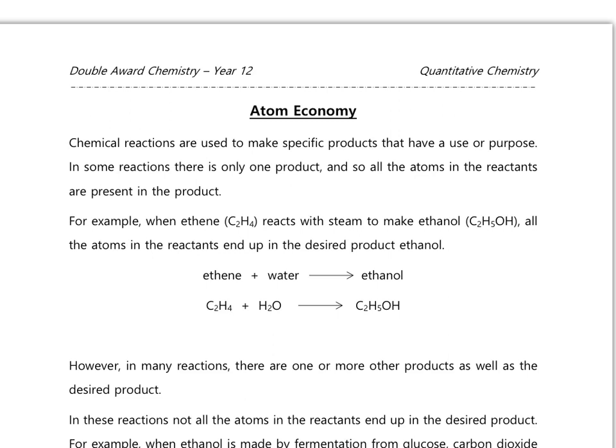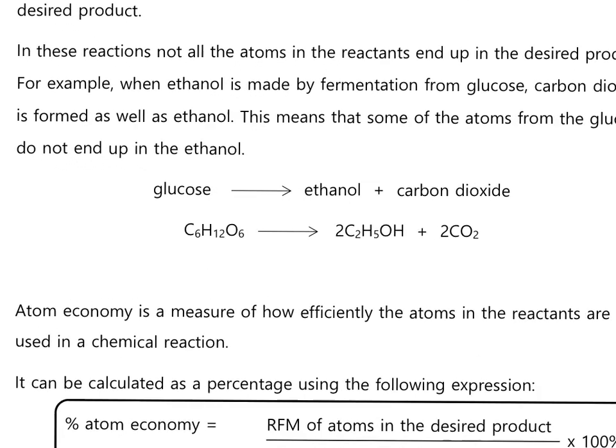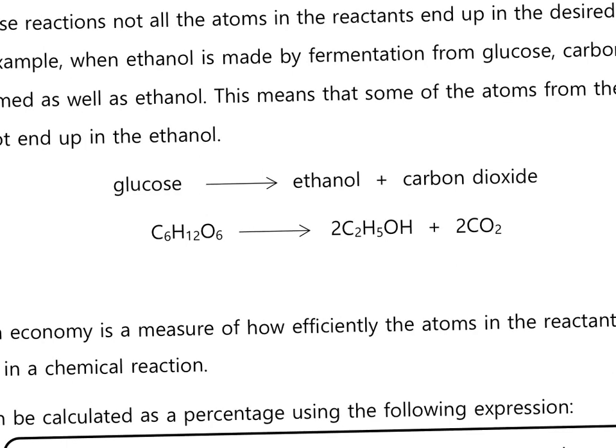Okay, so what it's saying here is that in a reaction, the reason why we balance equations is that all atoms in the reactants are incorporated into the products. And what we are going to do is work out how many of those atoms are incorporated into useful products. So let's have a look at this example halfway down the page of glucose.